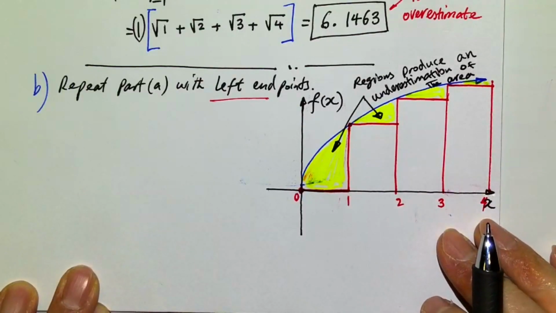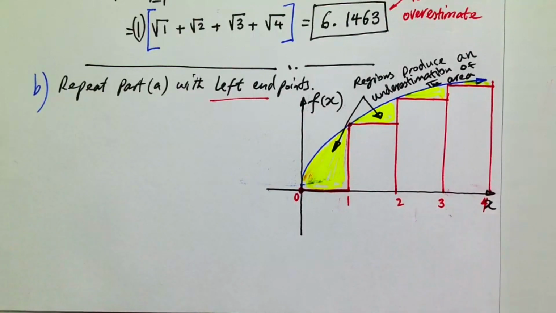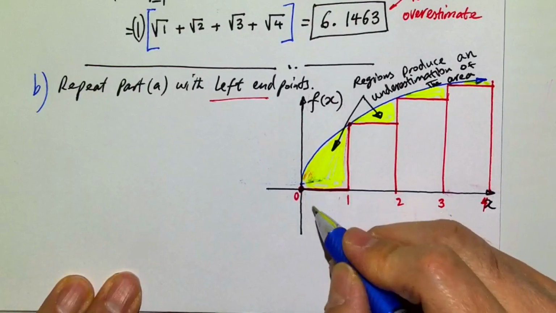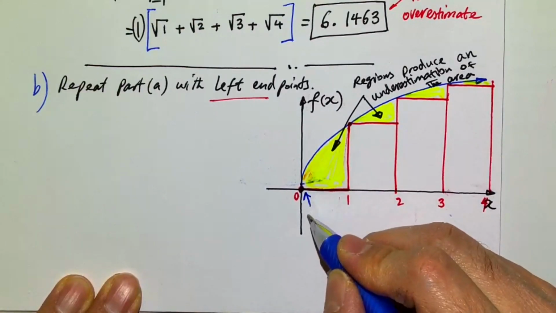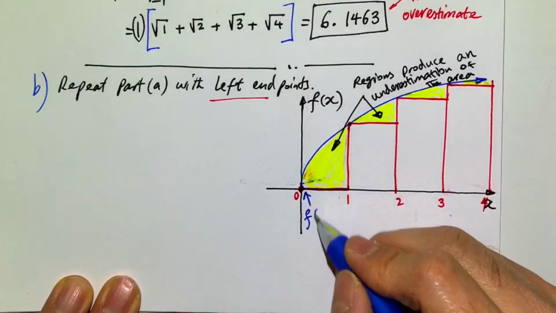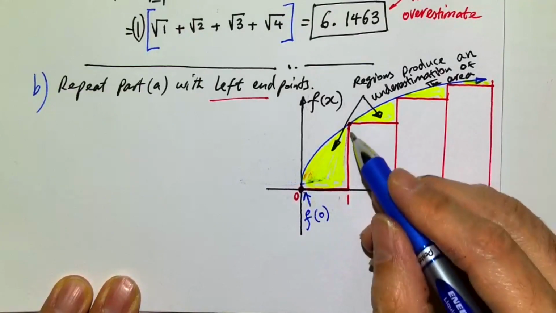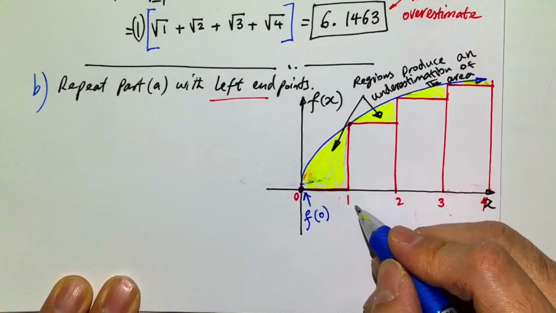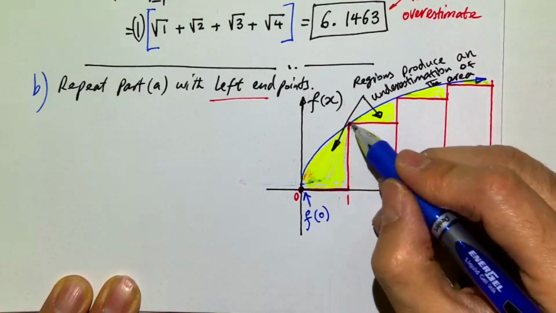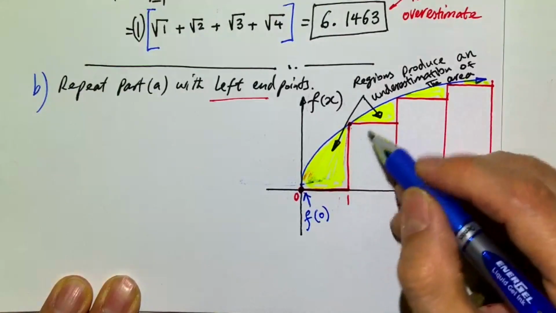Okay, like that. All right, so the left corner points in this case are that one, the function value on the curve, that point is on the curve at 0. Then the corner point here would be, let's see, so that's the left corner point of this rectangle.